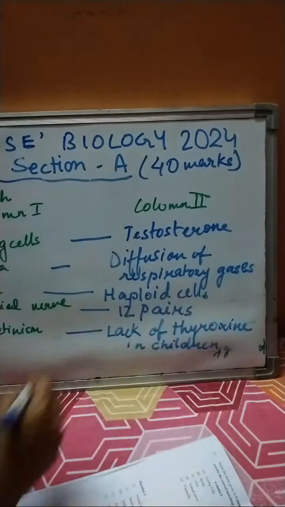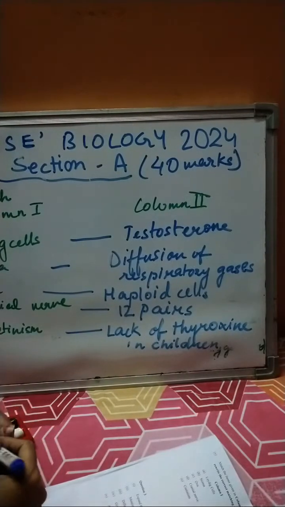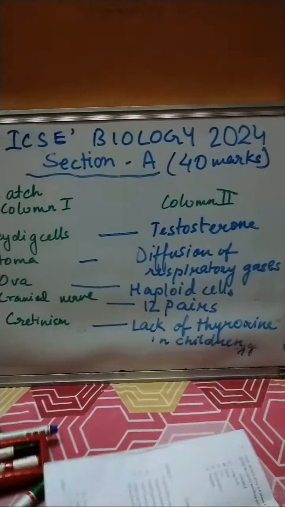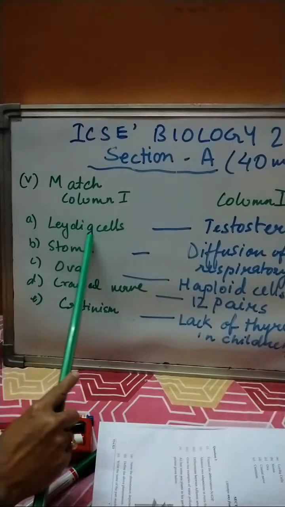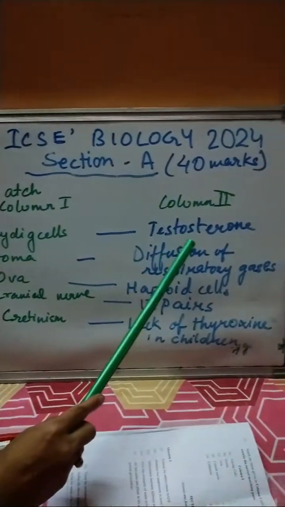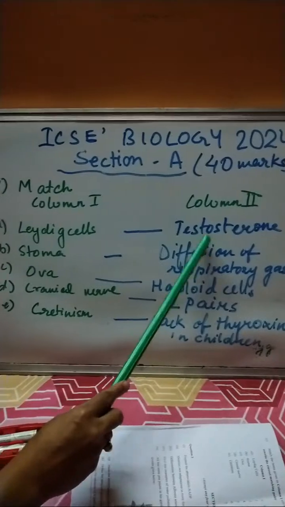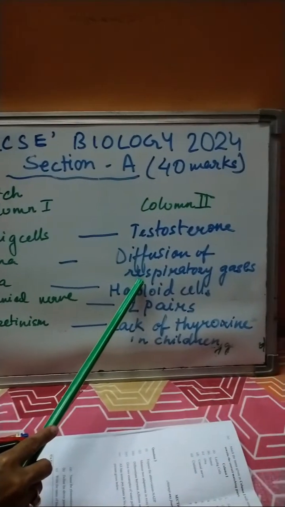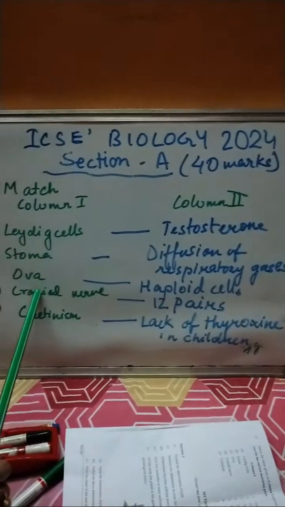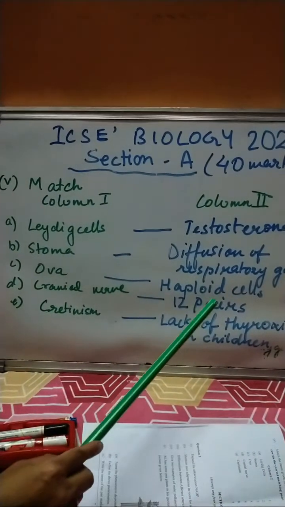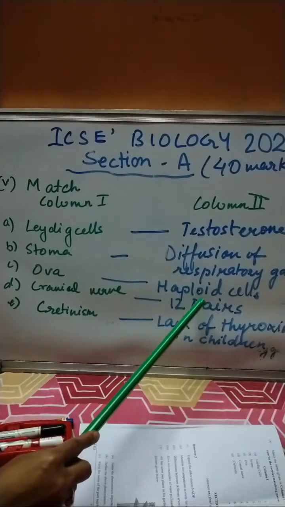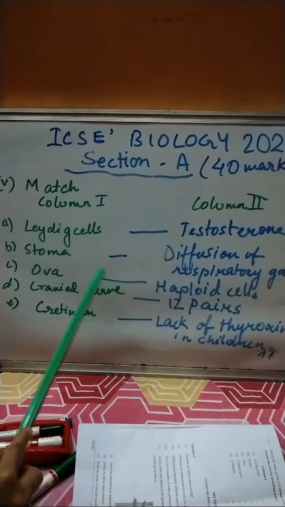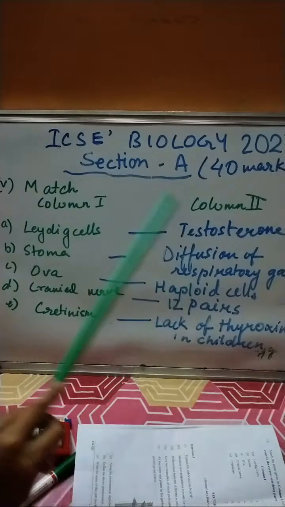Again, reading out the options. First one is Leydig cells, answer would be testosterone. Stoma, diffusion of respiratory gases. Ova will go with the haploid cells; there are 2 options given, haploid and diploid, so definitely ova will go with the haploid cells.